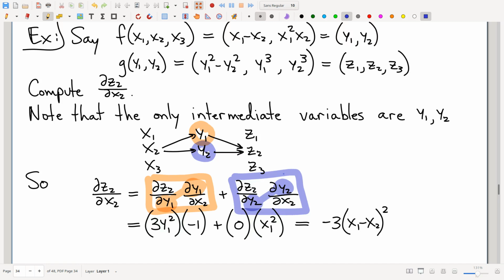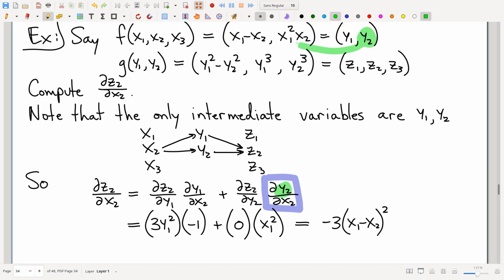And then detail. So, you do, of course, have to be able to compute the various partials. Just to be blunt about it, let's look at this one right here. Partial of y2 with respect to x2. Okay, well, y2 is that formula, and I want to take its partial with respect to x2, which I see, by the way, right there.